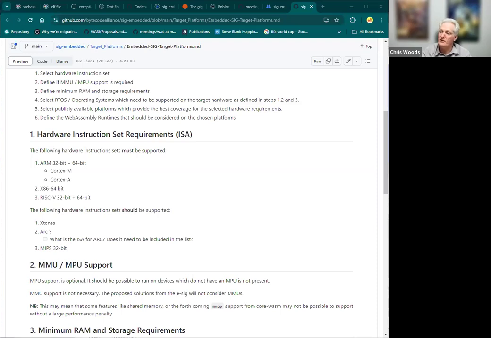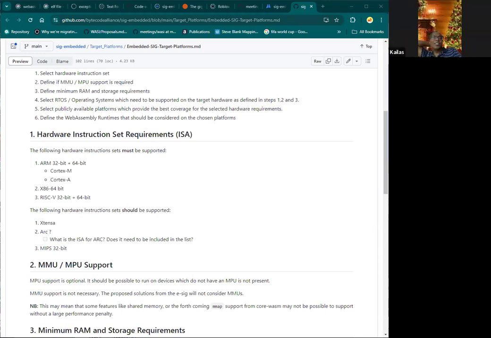Here I'm thinking about Luke, perhaps, and Fastly, who don't traditionally target an embedded system, but there are people in the Wasmtime community looking at building for an embedded platform. If we're in the WASI world, we want to say: if you're building your WASI software, these are the boards you should try to pick up and work on. So as much as I love the idea of Arc, I would vote to exclude it for now and revisit it in the future, because I don't know if we've got a commonly available board we could target for that.